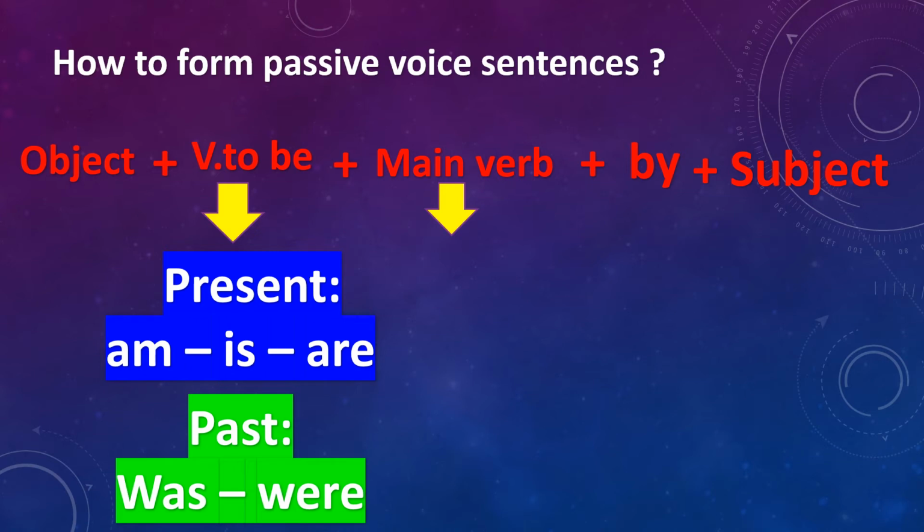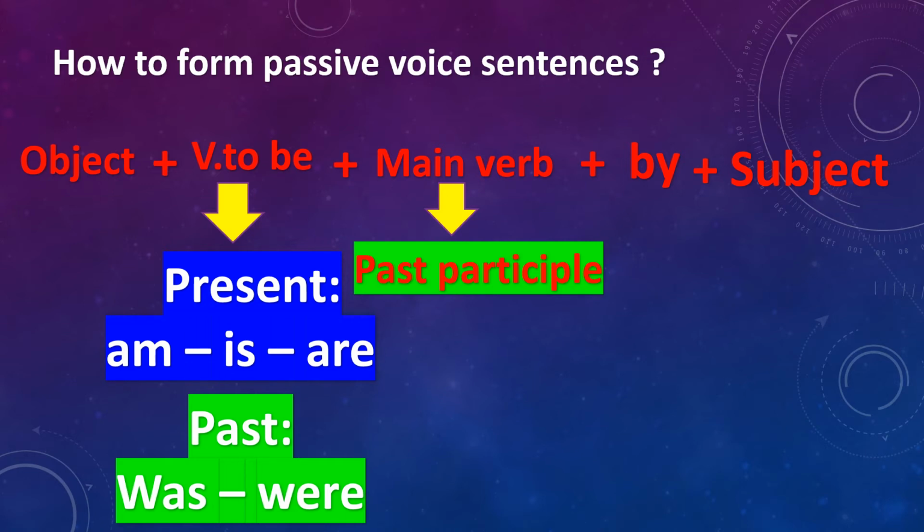So concerning verb to be, we have the present form and the past form. Don't forget this. And concerning the verb, we should put the past participle of the verb, such as eat, ate, eaten, play, played, played. We put the past participle of the verb.